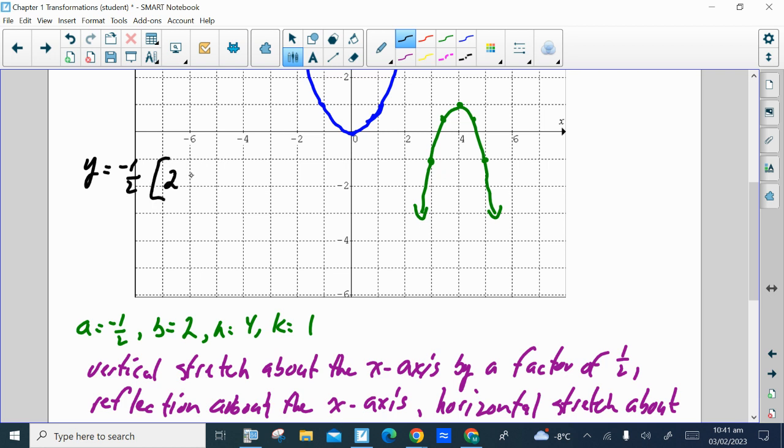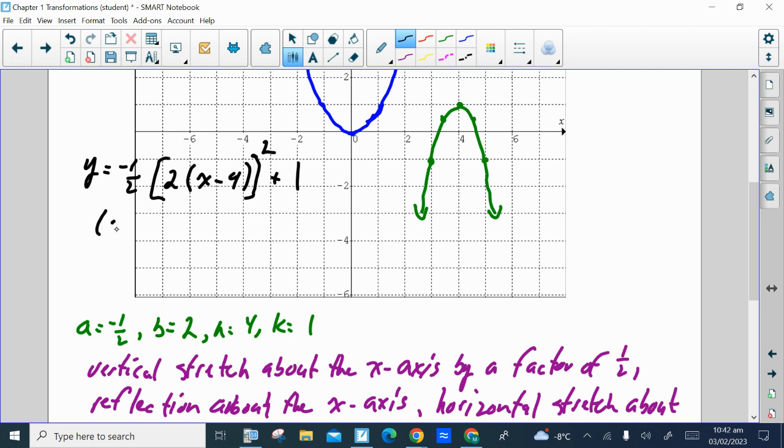We have a b value of 2, an h value of 4, and again, whatever happens to the x happens to the b bracket x minus h, which in this case is all squared. So that would be our new equation.